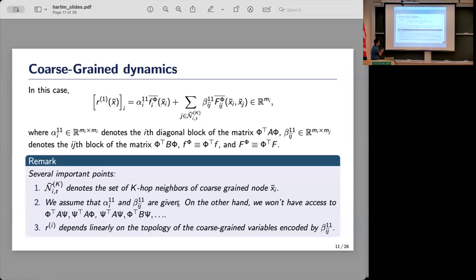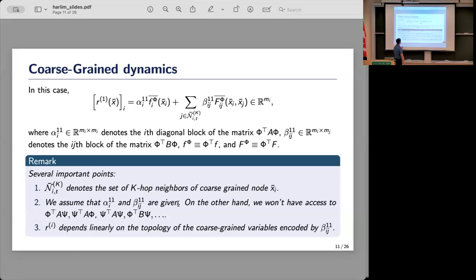There are several important points here. Once you do this coarse-graining, the K-hop interactions are no longer through the original graph, but through the coarse-grained nodes. In application, we will make an assumption at this point that we have access to this reduced component of this variable, which tells you how the coarse-grained topology interacts.